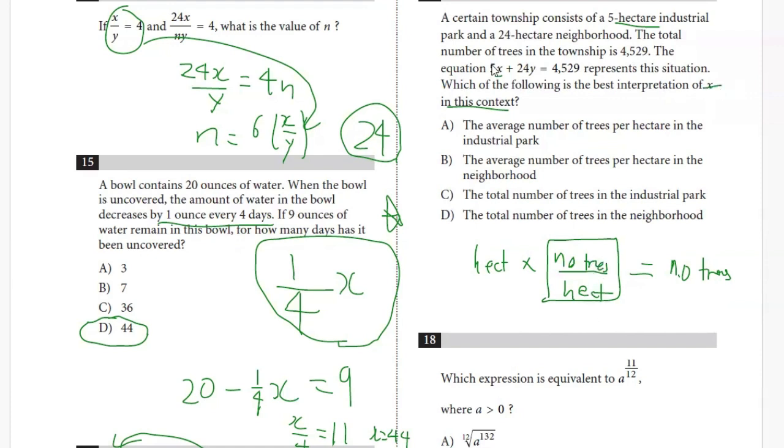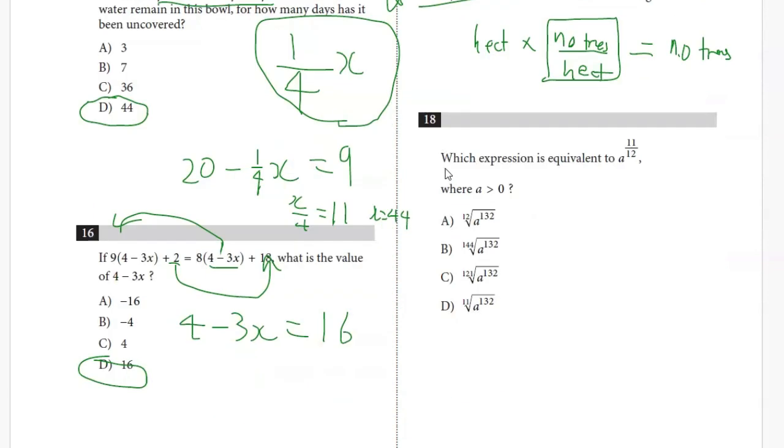Since we're dealing with x and there's a 5, it's indicative that we're looking for the industrial park, right? Since the unit is number of trees per hectare, we can tell that this is an average number, not total. So C and D are immediately eliminated. And since we're looking for the industrial, A is the correct answer.